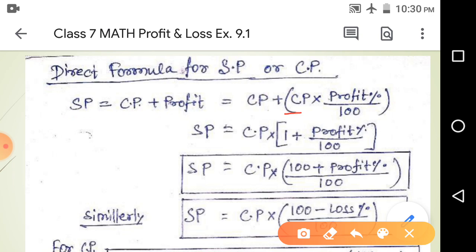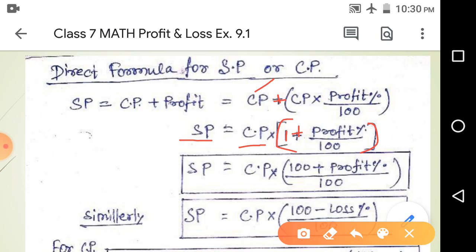Now this whole term is actually the formula for SP. So we will take the CP as common. For this SP we have taken the CP, cost price, as common. Inside the bracket, since CP is taken common, 1 is left here. Now plus is here, so we put plus.